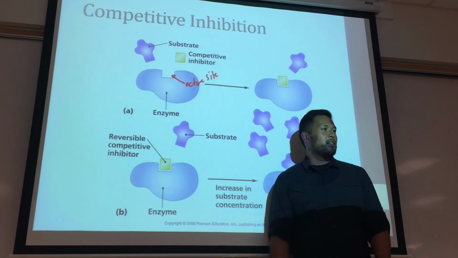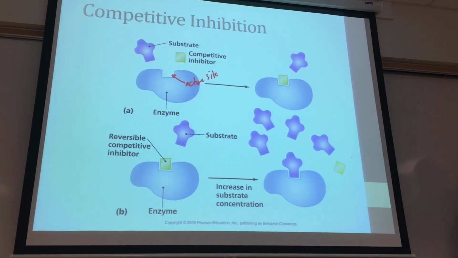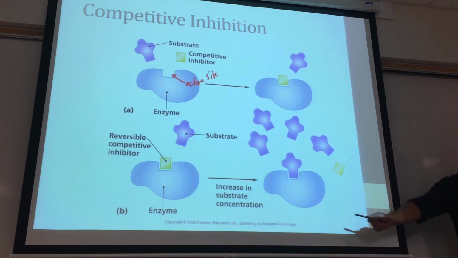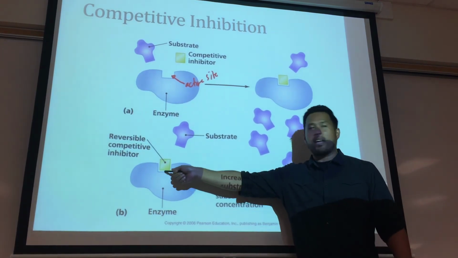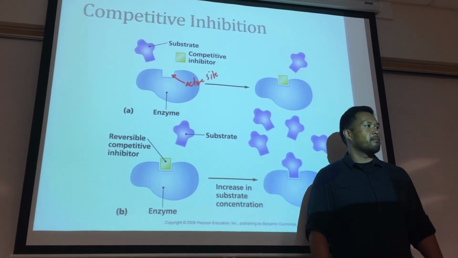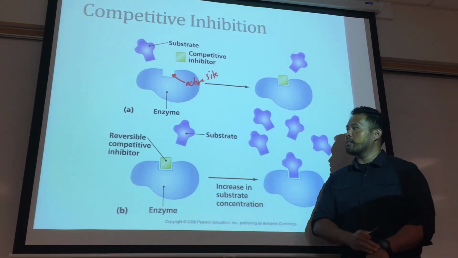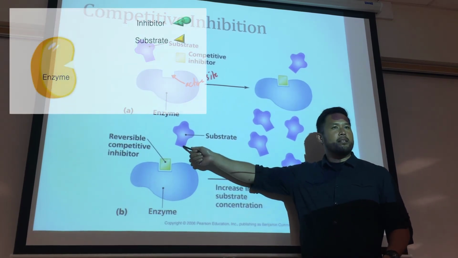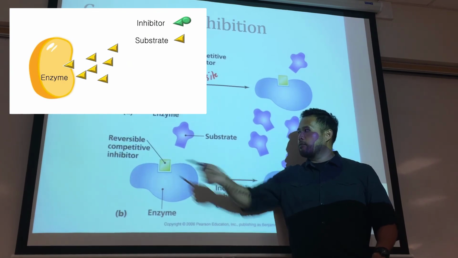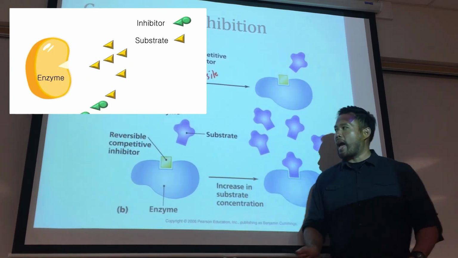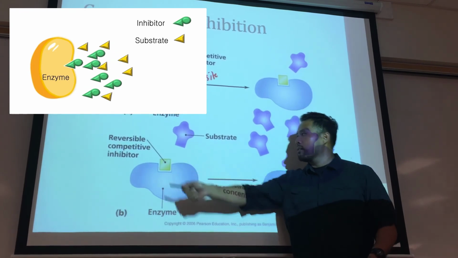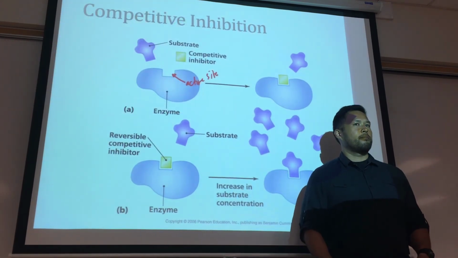So if I toss in one cock blocker, it's just going to block one enzyme. If I toss a bunch in there, it's going to start competing. You've got more of these competing for the active site than you have reactants. Does that make sense? So think about it this way. If I have more substrate, it is likely to bind to an enzyme rather than a reversible competitive inhibitor. If I add more reversible competitive inhibitor, you have more of these competing than substrates.